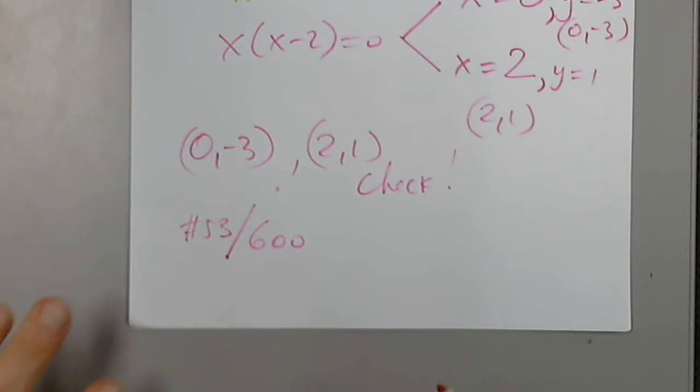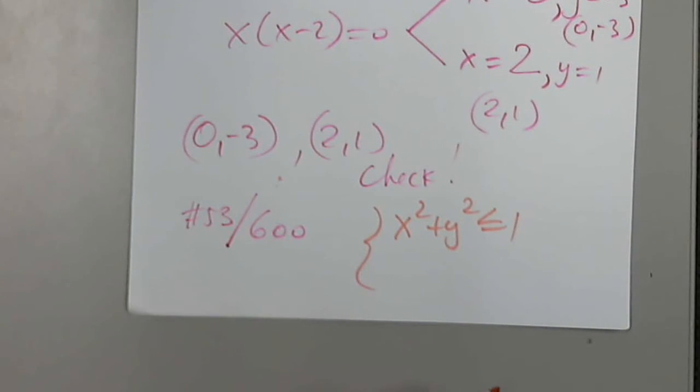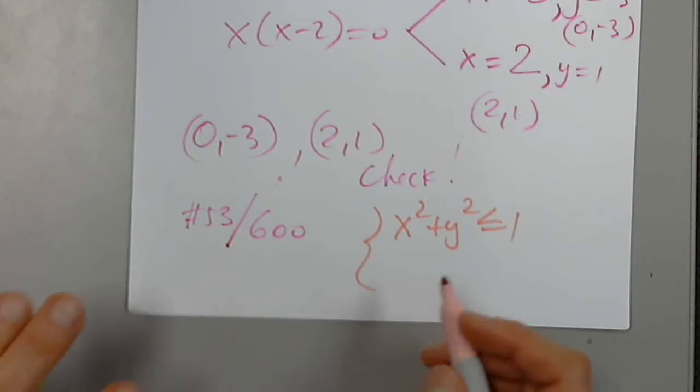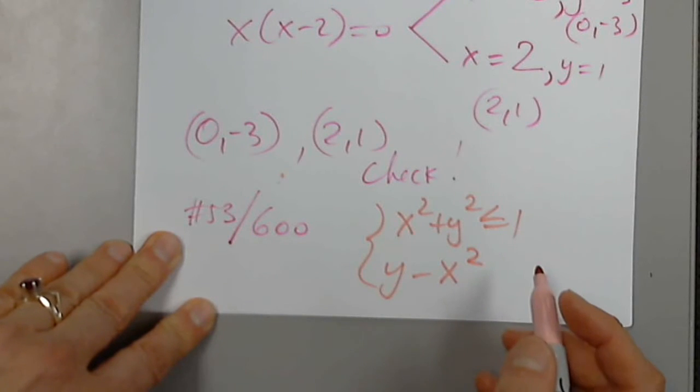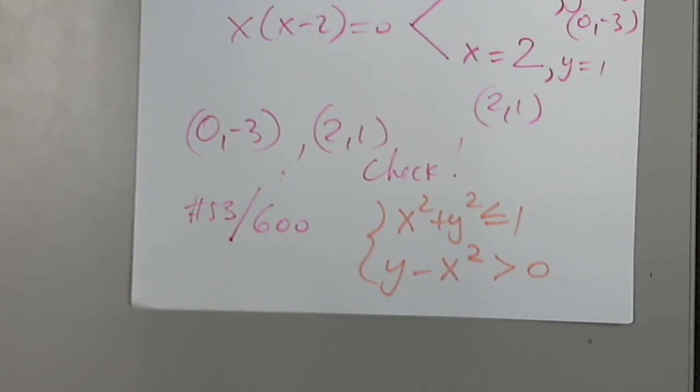X squared plus y squared less than or equal to 1. And the second one is y minus x squared. If we did this problem, I would like to pick another. Have we done 53? We have? No, thank you. Okay, very good.